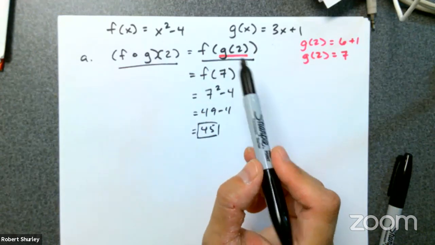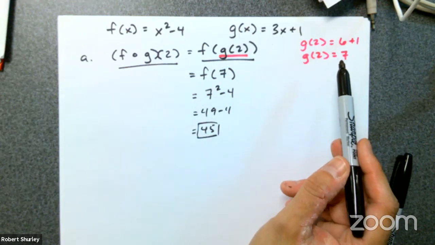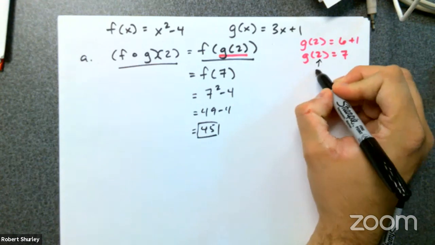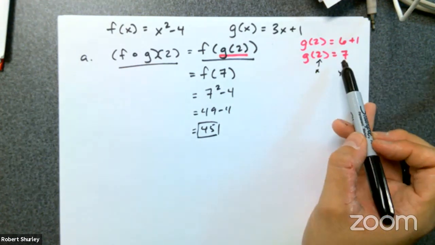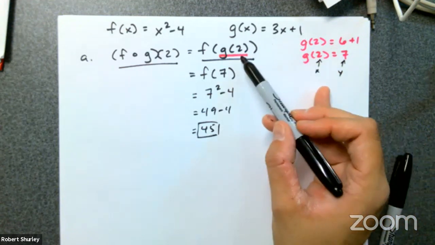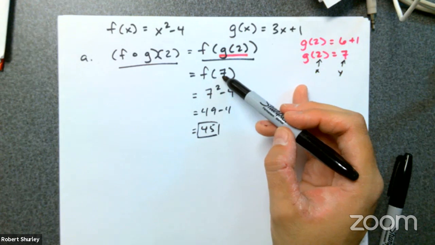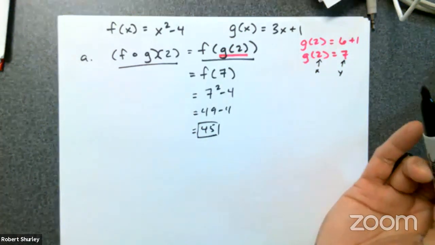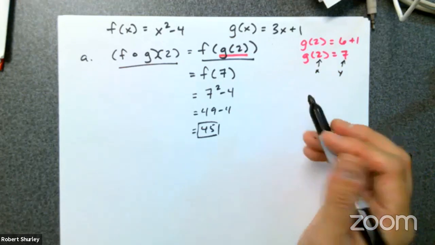And now notice, for the g function, that 7 is a y value, right? That's my x value. That's my y value. So the y value of the inside function becomes the x value of the outside function, which is really kind of goofy, but that's the way compositions work, okay? That's the way compositions work.